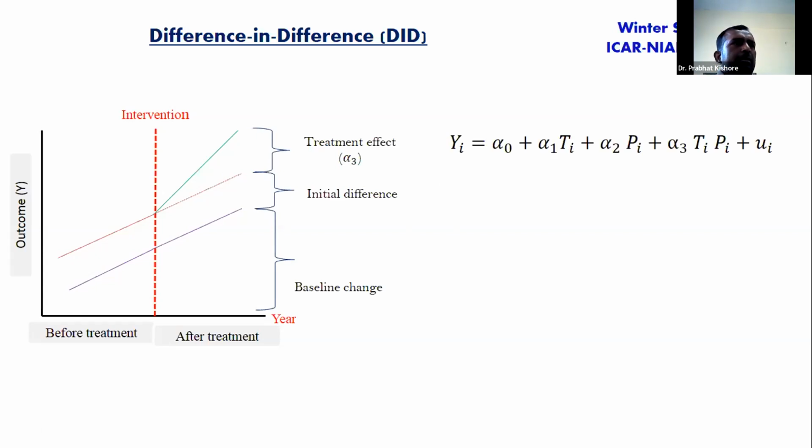So this is the basic model for difference in difference. I think you might have covered this lecture on diff-in-diff. So here also, for the Punjab case, Punjab has received the treatment and other states have not received the treatment.